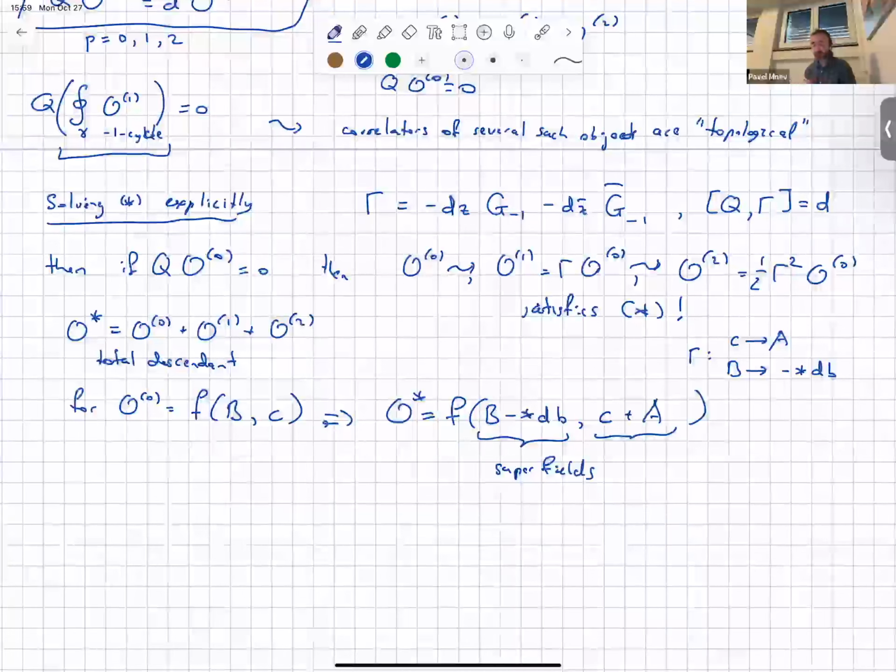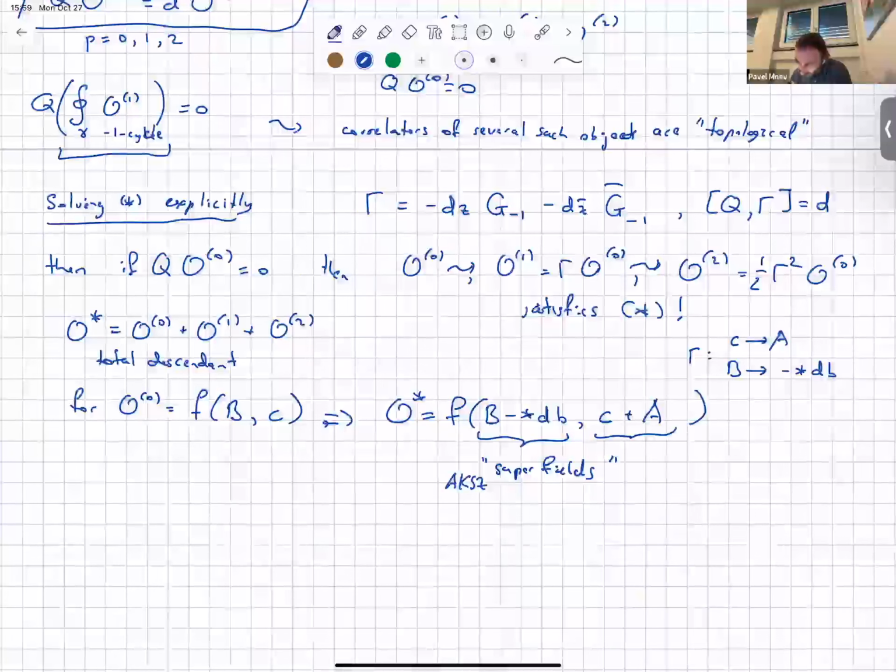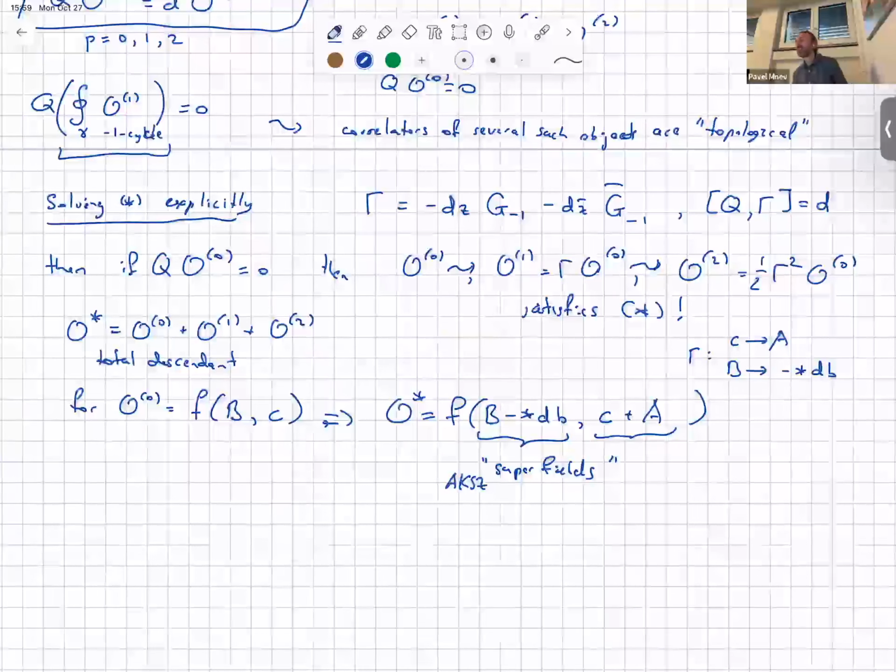So I'm replacing fields B and c by so-called superfields, or more precisely AKSZ superfields, or gauge-fixed AKSZ superfields. But that's linking to another construction of topological field theories that I don't have time to talk about, sadly.